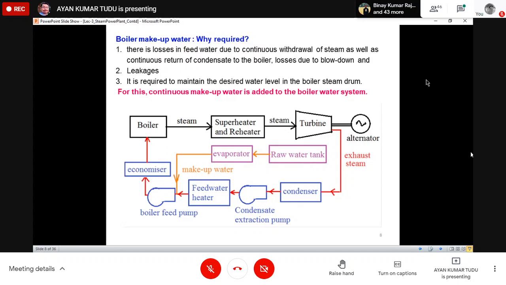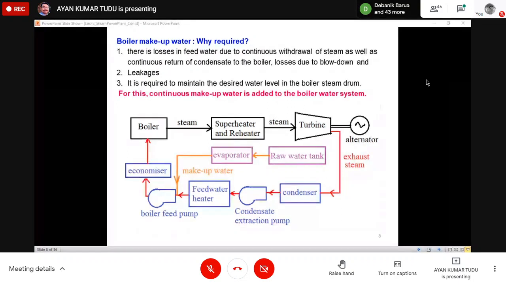For this purpose, continuous makeup water is added to the boiler system.